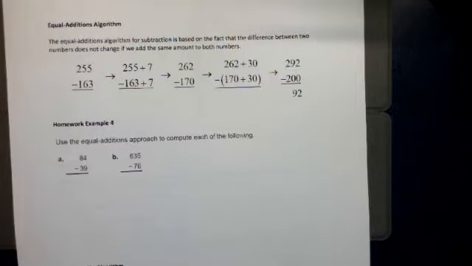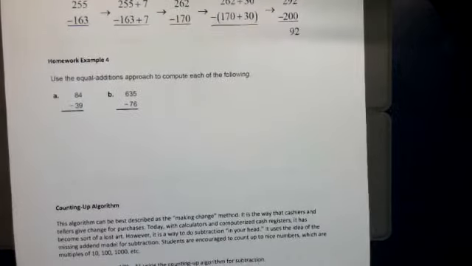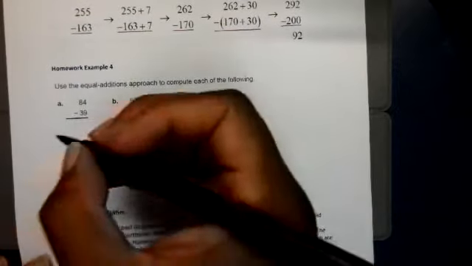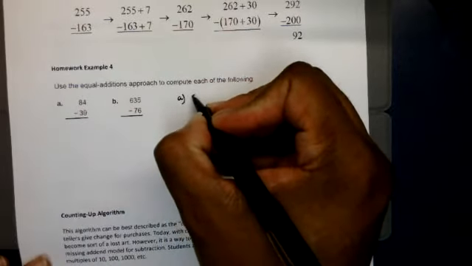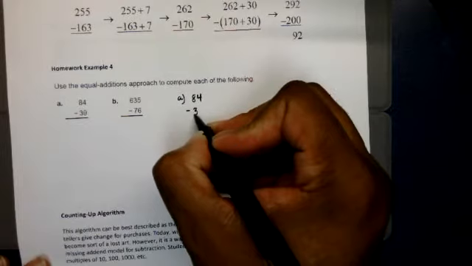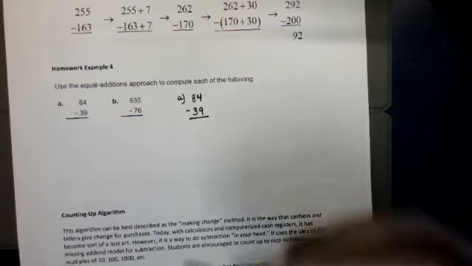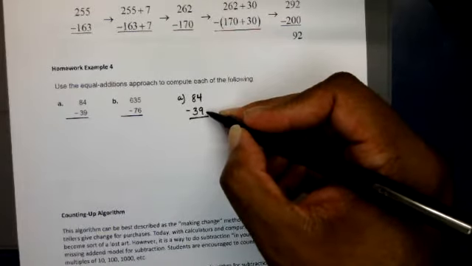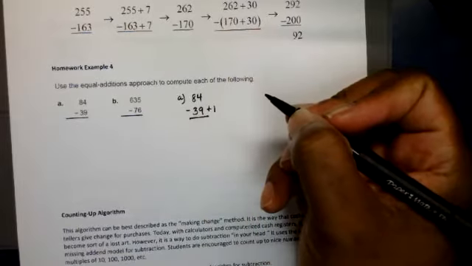All right, now take a look at this example using the equal additions approach to compute each of the following. In part A, I got 84 minus 39. Now I'm going to do something with this 39 here. 39 is 1 away from 40, so let's add 1 to the 39.